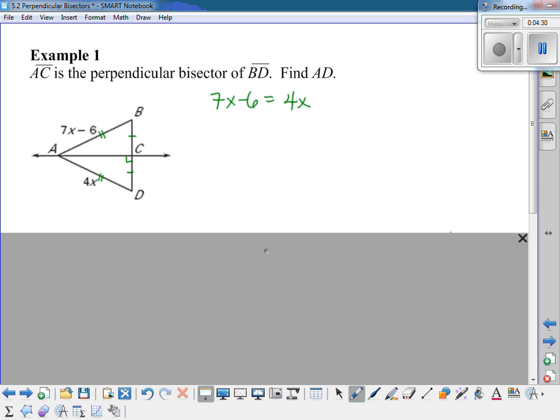And so then you just subtract 4x from both sides and add 6 to both sides. And I get that 3x is equal to 6, so x equals 2. So in order to find the length of AD, I just go back and plug it in to 4x, so 4 times 2, and so AD would equal 8.